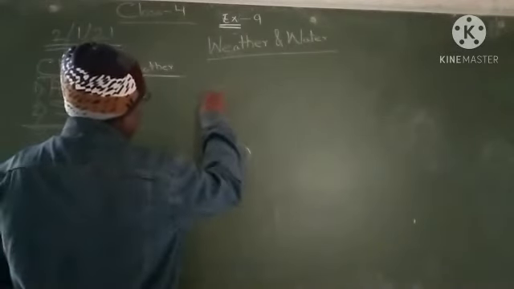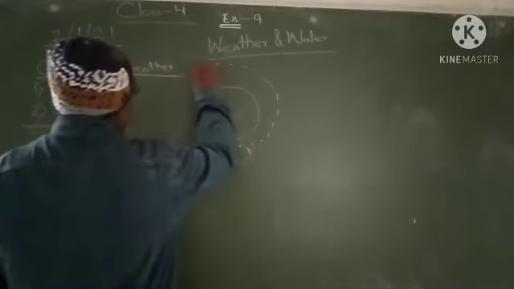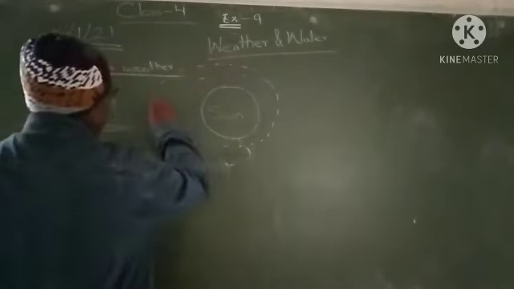This is the sun, and this is an axis. Now our earth is located over here. Let's assume this as earth. For a better example, this is land.